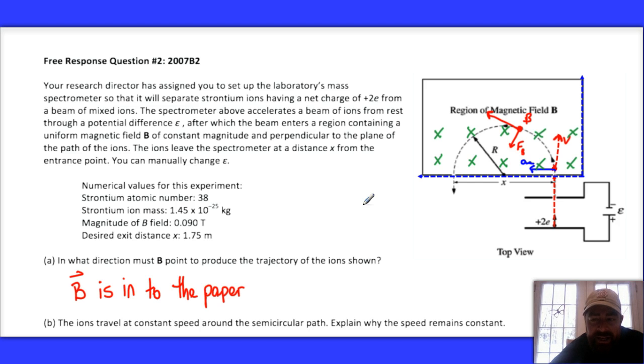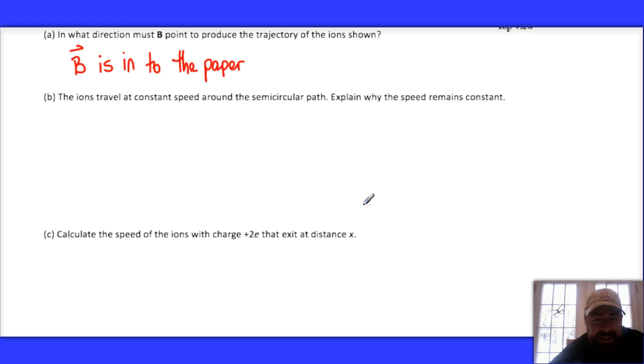It's not accelerated by the magnetic force. So let me go ahead and write that out. We can say that F sub B is perpendicular to the magnetic field and the direction of velocity.